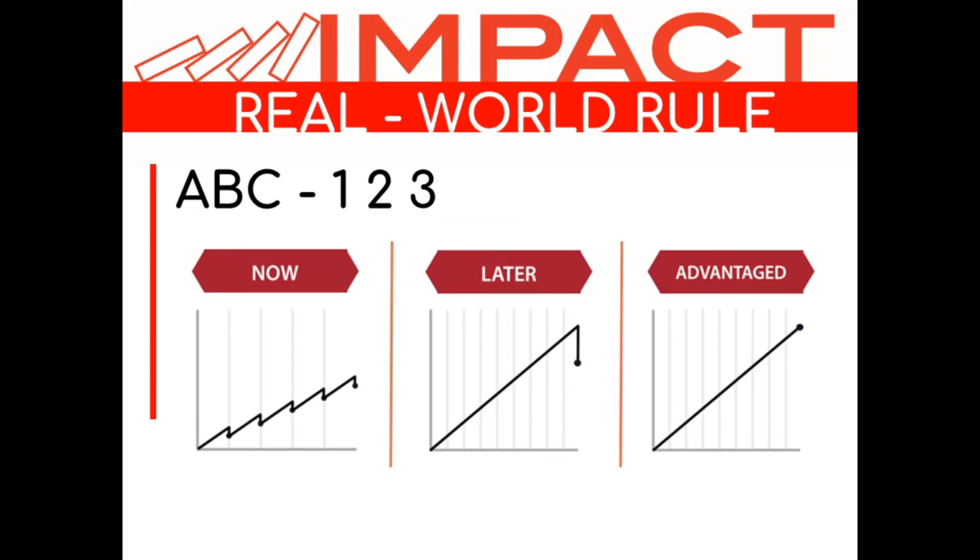Then we go to the 1, 2, 3, 1 being a taxed now account, 2 being taxed later, and 3 being tax advantaged. So a taxed now account, what that means, and what the picture is showing, is if someone puts in a lump sum of money, at the far left, way down when it's at 0, they put in some money, it grows and it earns interest, but then that interest that we earn is taxable.